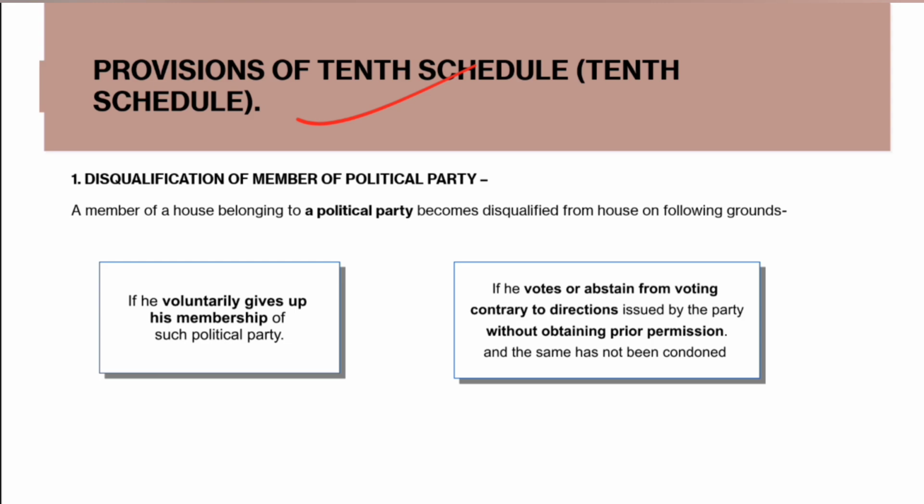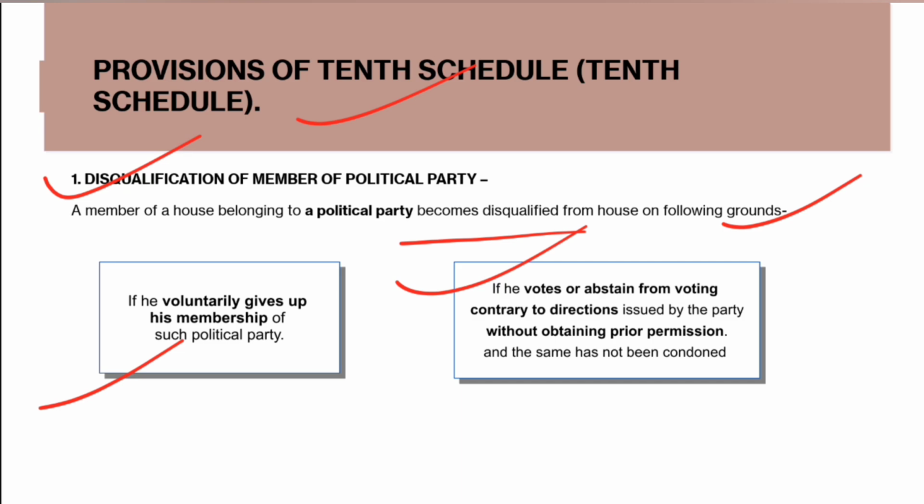Now, the 10th Schedule, as I stated earlier, provides the procedure for disqualification on the ground of defection. The first category of disqualification is of a member of a political party. A member belonging to a political party becomes disqualified from the house on the following grounds. If he voluntarily gives up his membership of such political party, that is a sufficient ground for disqualification.